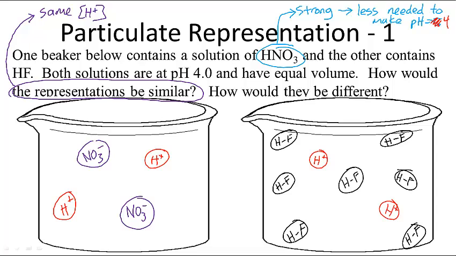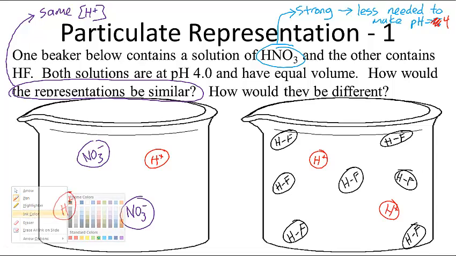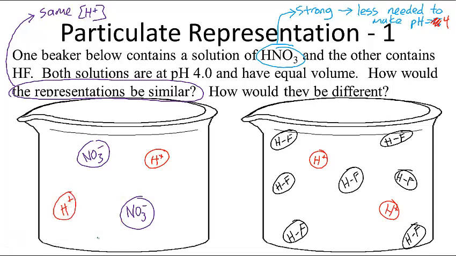F minuses, how many? 2. So we'd have to dissolve a lot more HF to get to the same pH as we would HNO3.